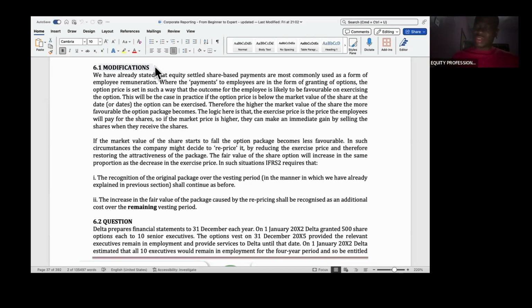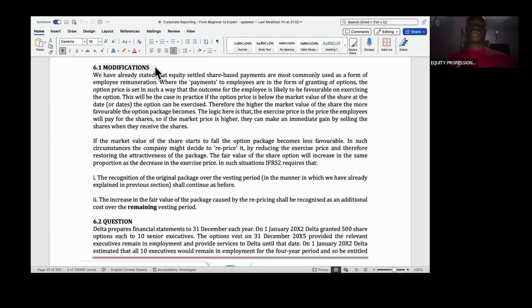Instead of doing this share option with the company, they can just go and buy the company's shares on the market. So what makes it attractive is that the exercise price must always be reasonably lower than the share price.